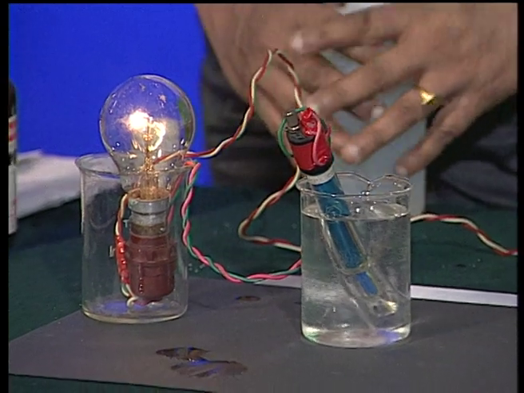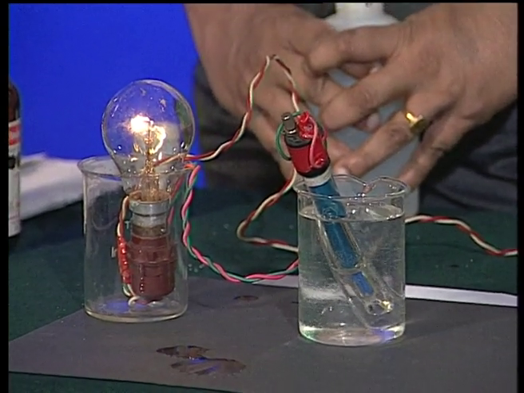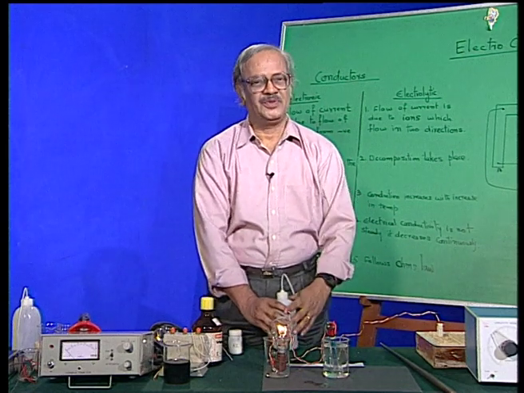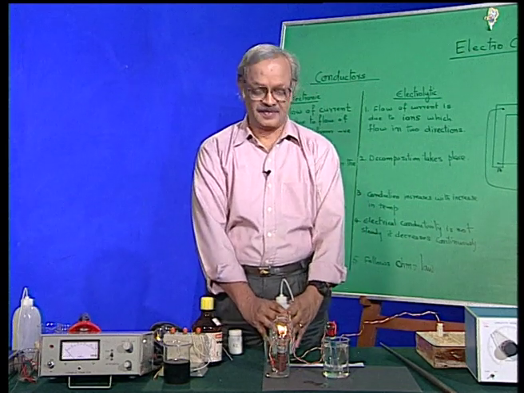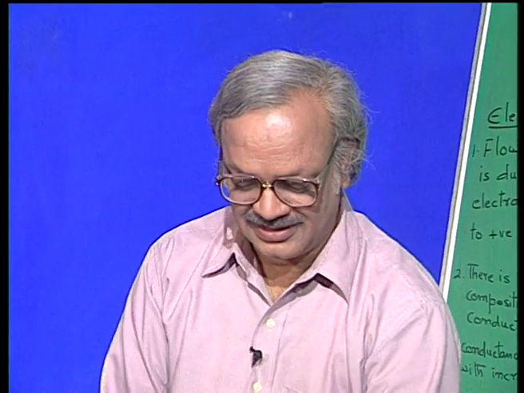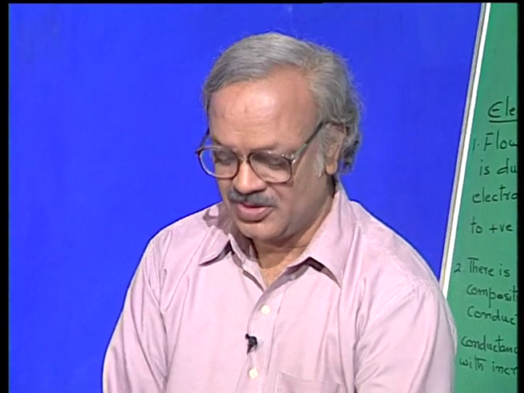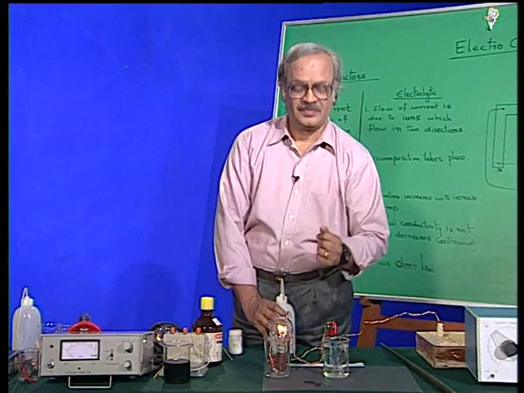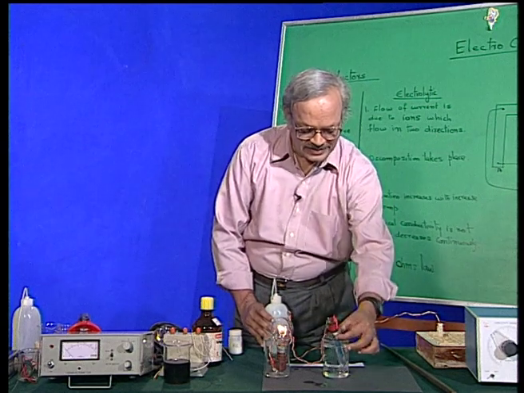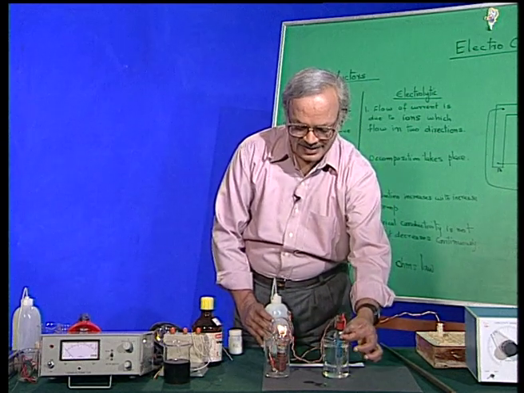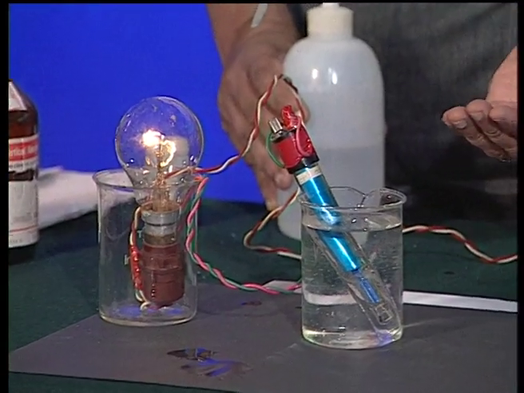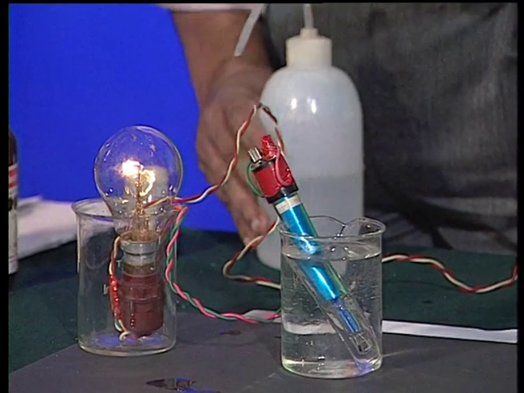What is the inference? That means acetic acid in its pure form, which we call glacial acetic acid, is not conducting at all. It is not closing the circuit, it is not permitting the electricity to complete this circuit. But when we dilute this acetic acid, you immediately see that with the increase in dilution, the glow becomes brighter and brighter.